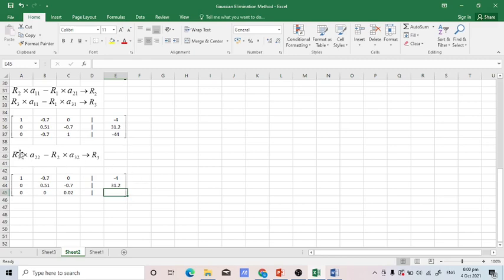R3, fourth element, negative 44 times A22, ito, minus R2, fourth element, 31.2 times A32.